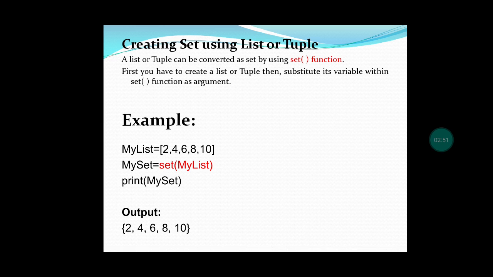My list equal to 2, 4, 6, 8, 10 has been given. After that, we have given my set equal to set of my list. That is the set function. Look at the output: we are getting the output in a set because the values are inside the curly braces. So, we can convert a list and tuple into a set by using the set function.